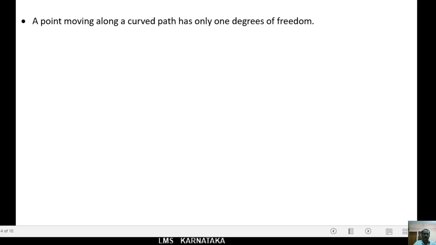A point moving along a curved path has only 1 degree of freedom.